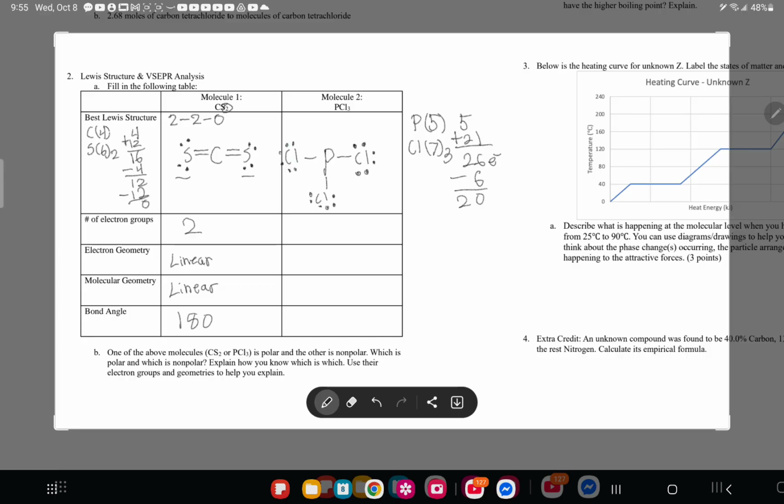Now that we've done that, we've used 6 on each one. 6 times 3, we're going to have 18. Then we're going to subtract it. Everything is following the octet rule except for P, and we have 2 valence electrons left over. So we're going to put 2 valence electrons there in the middle. Draw a little circle.